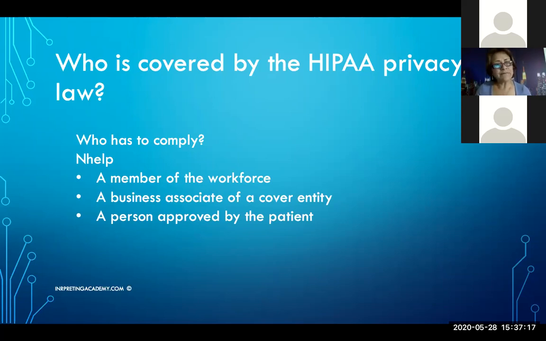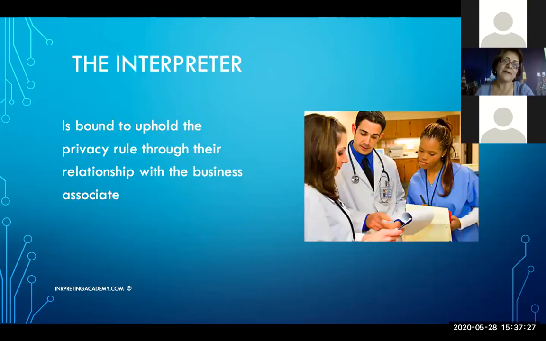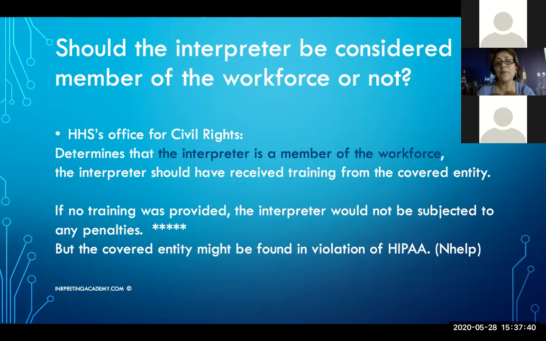One exception, when the patient brings their own interpreter, a friend, a family member, they don't have to comply with HIPAA. So we, the interpreters, have to uphold the privacy rule through the relationship with the business associate, and we have to obey.